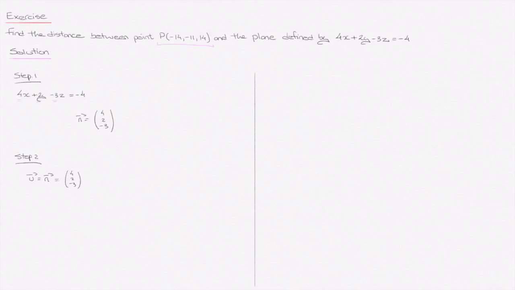Since this line passes through point P, the line that passes through P and is perpendicular to the plane has the equation r equals the position vector -14, -11, 14, plus some parameter lambda times the direction vector 4, 2, and -3. And that's our second step done.